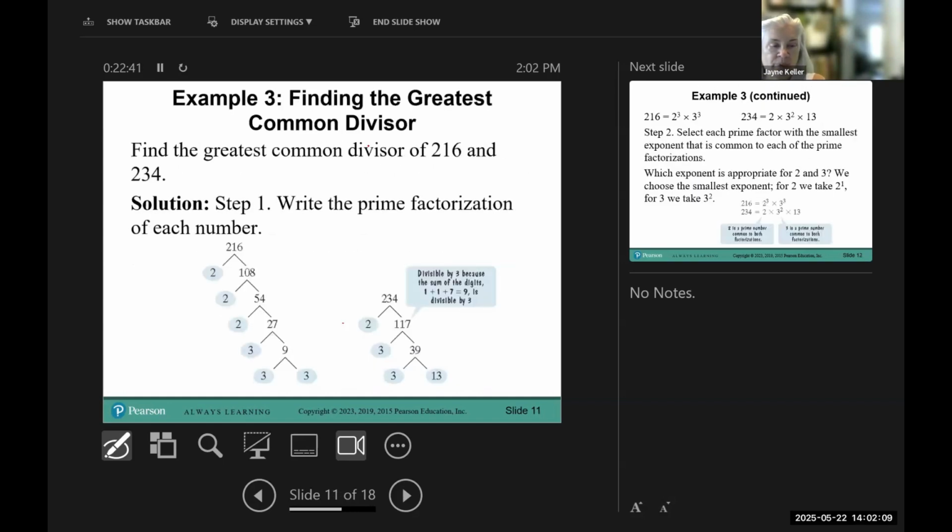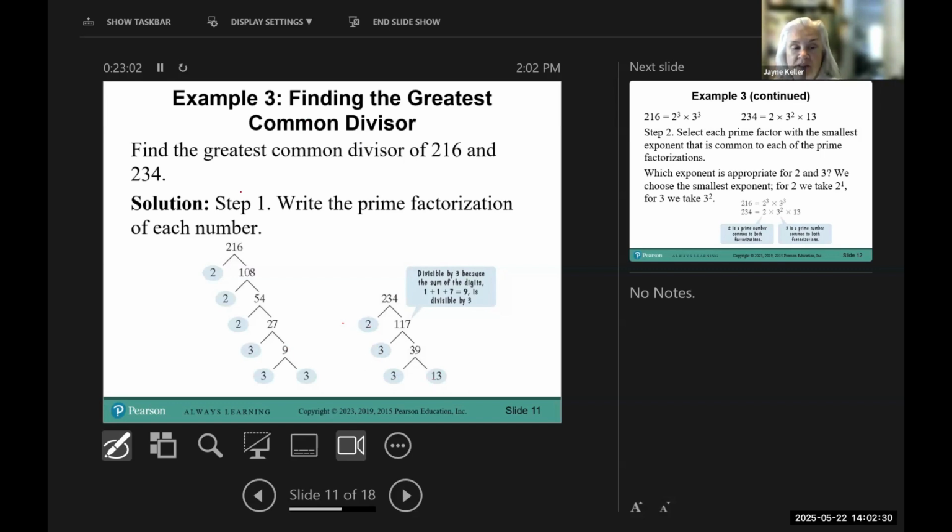In order for a number to be a multiple of 216, it has to have factors that include 2 3 times and 3 3 times because that's what's in here. And in order for a number to be a multiple of 234, it's got to have a 2, 2 3s, and a 13 as factors.